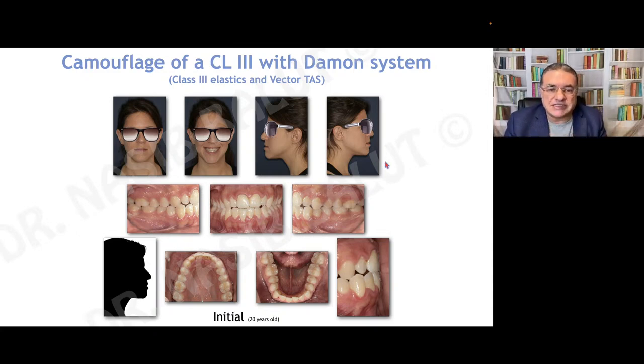In those patients, even if it's not that severe, I think for a class 3 woman, her profile doesn't look that nice. And as you can see, the midline is shifted to the right. You can see it also in her profile.